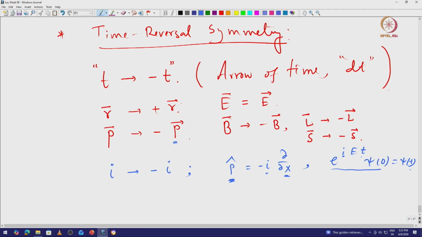Okay. So, these two examples should be good enough for us to take I to go to minus I for time reversal symmetry.